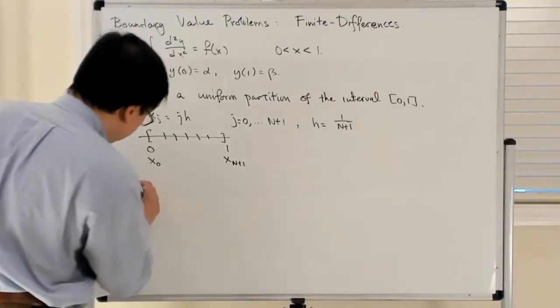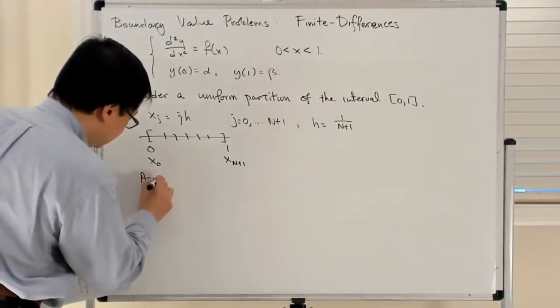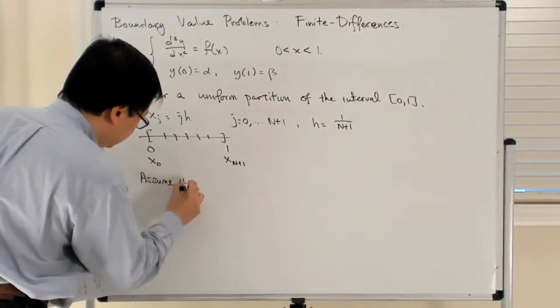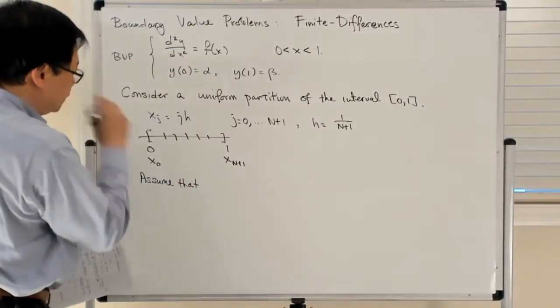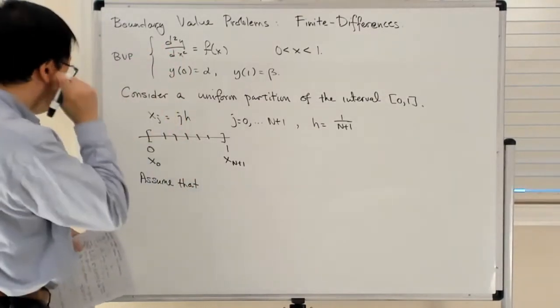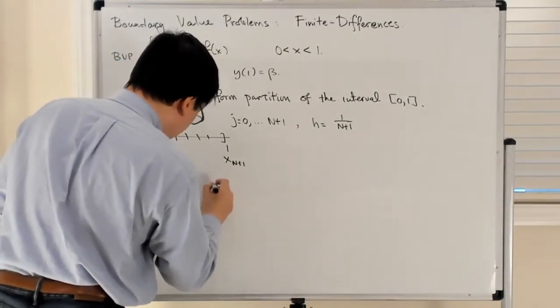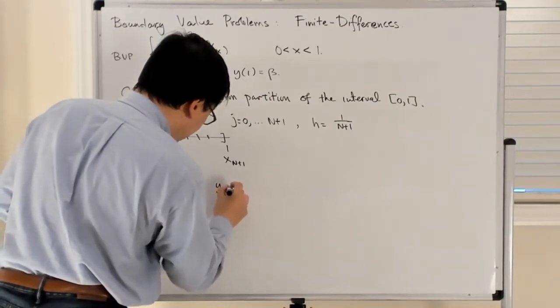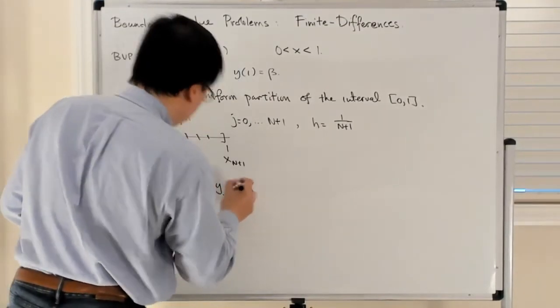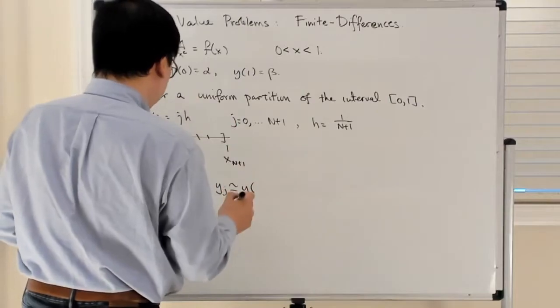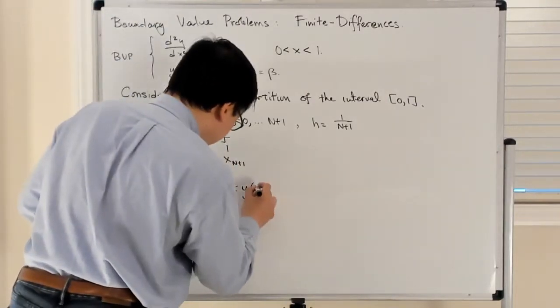And then we're going to assume that you have corresponding y values, let me call them y sub j. Okay, so we want yj to be some approximation of y at the position xj.